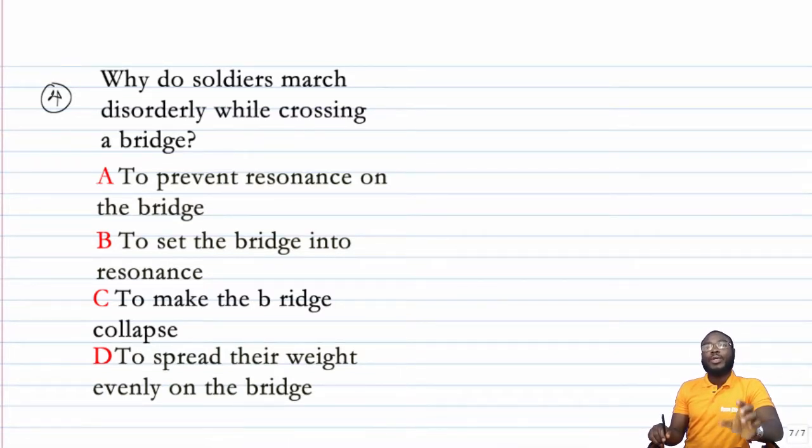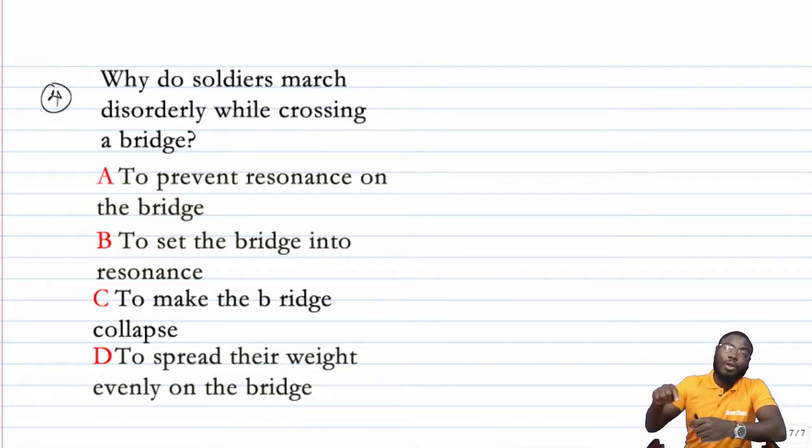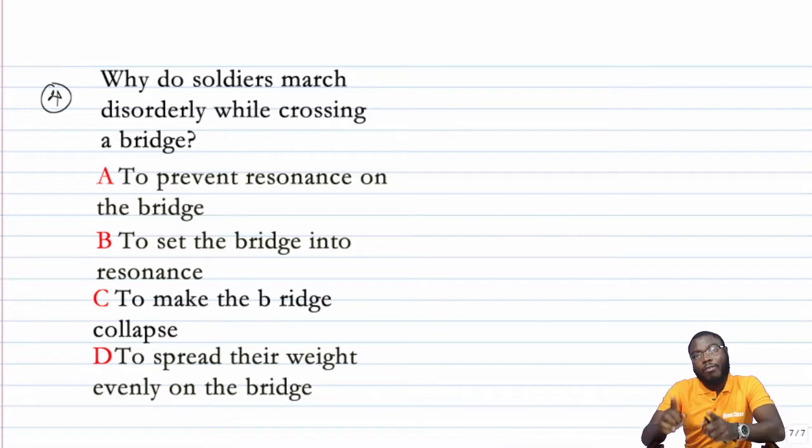So they are doing this to avoid resonance, so that the bridge doesn't collapse. Resonance occurs when a vibrating object sets another object into vibration as a result of the impulse received from the one vibrating, and both of them now vibrate at what we call natural frequency.